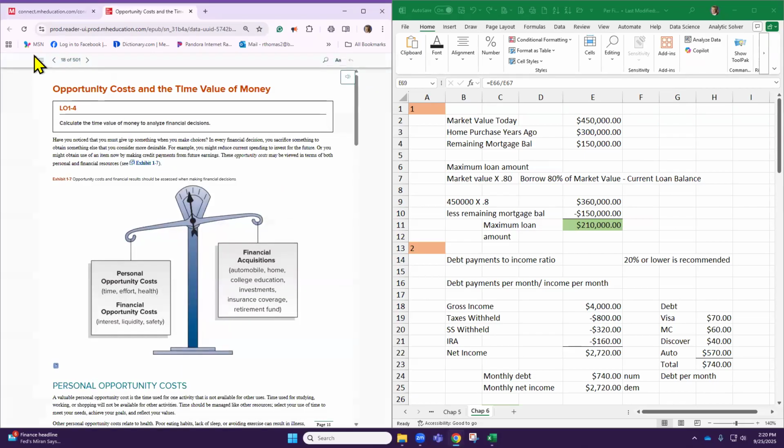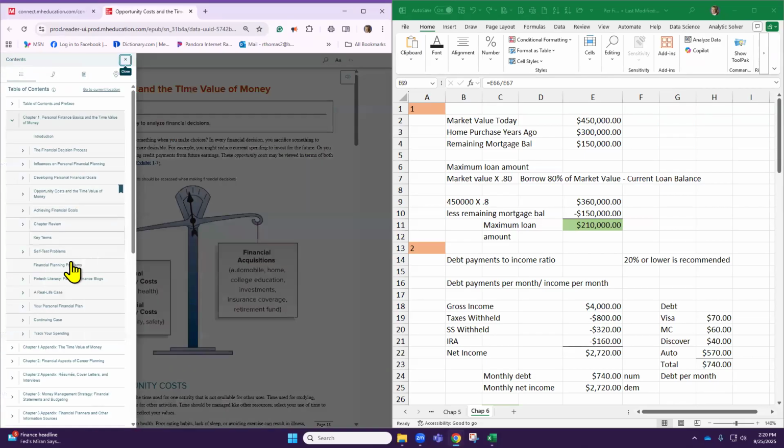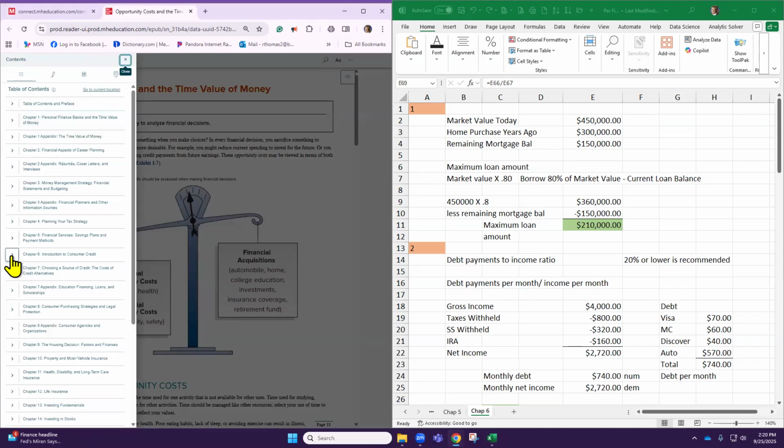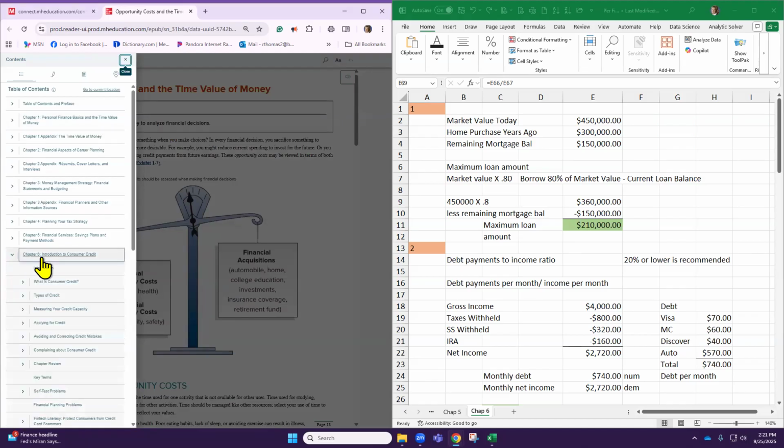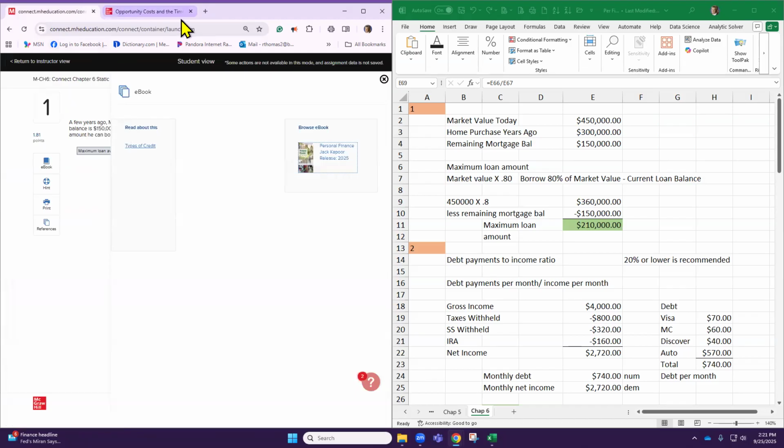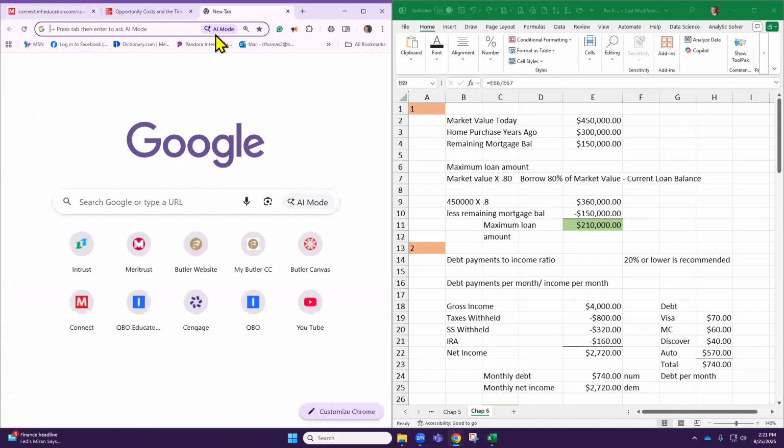I don't think I do, but just in case. We also want the time value of money calculator opened up. So chapter 6 is Introduction to Consumer Credit. And I do want to get my calculator and my time value of money tables open.